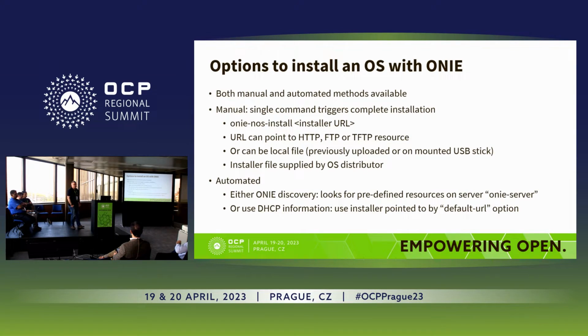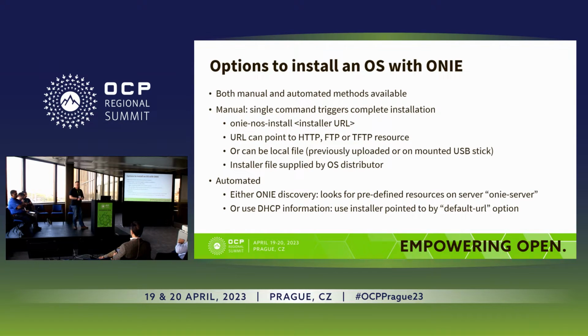There are also automated ways to install the operating system that can be used for large-scale deployment. There's an ONIE discovery that is started automatically if you boot up the switch. It will look for a host called onie-server. If it finds one, then it will try several options to download some default-named images.